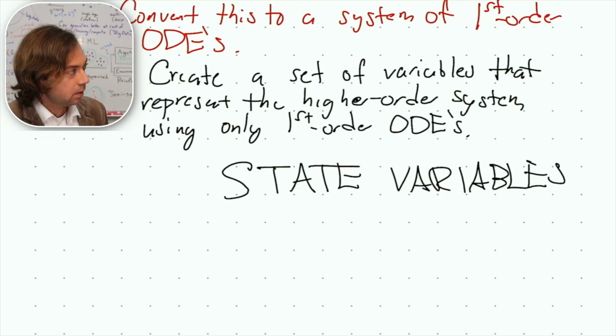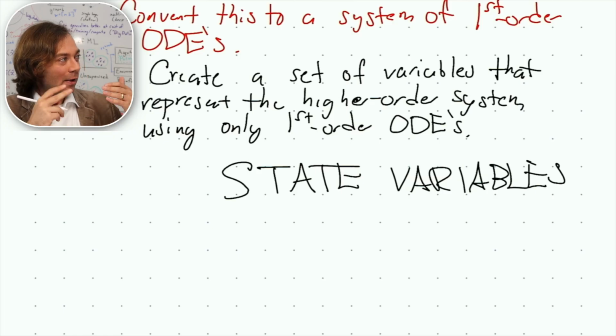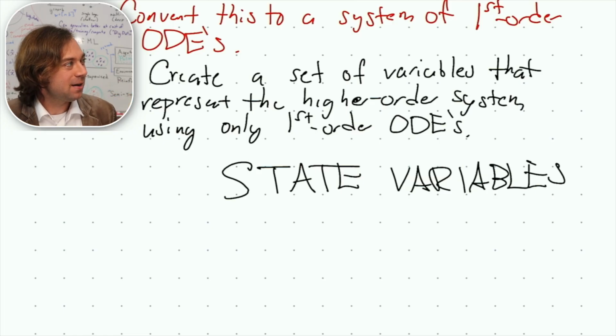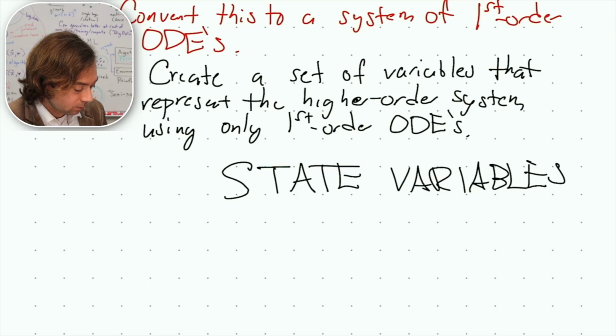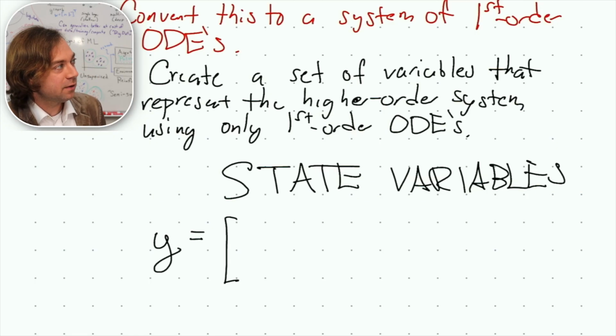For mechanical systems, which are typically second order because of F equals ma, or have multiple second order systems, you'll say, I'm going to have state variables. We'll call them y, and it's a list of them, a vector of them.